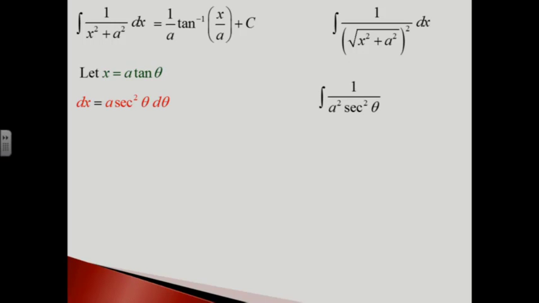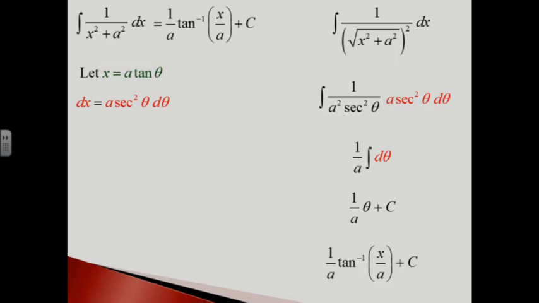The initial integral is equal to 1 over a squared sec squared theta multiplied by a sec squared theta d theta, or 1 over a integral of d theta. The result is 1 over a theta plus c. Replacing theta by inverse tangent of x over a to get the result in terms of x.